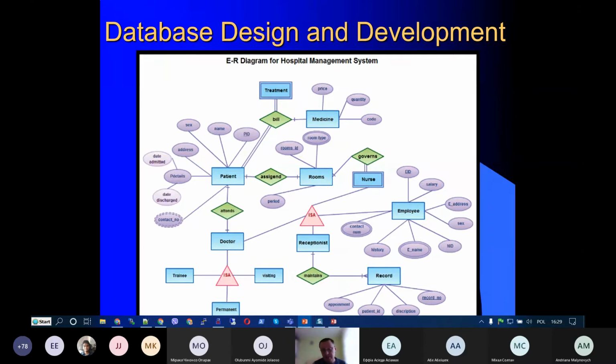And the rectangles with double borders are like collapsed objects, which can also be expanded and will have many more details.